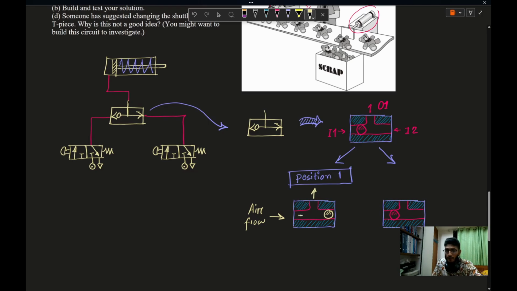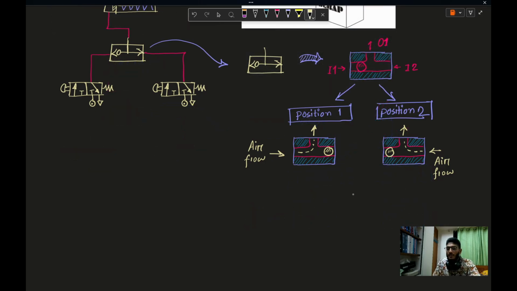So fluid flow will be like this. In position 2, if I give airflow from the right side, the ball will get stuck at the left side and the path of the airflow will be like this. So this is the OR logic. If any input is 1, then output will be 1.